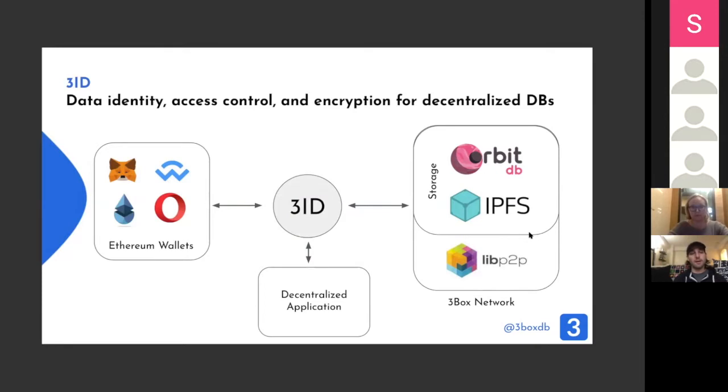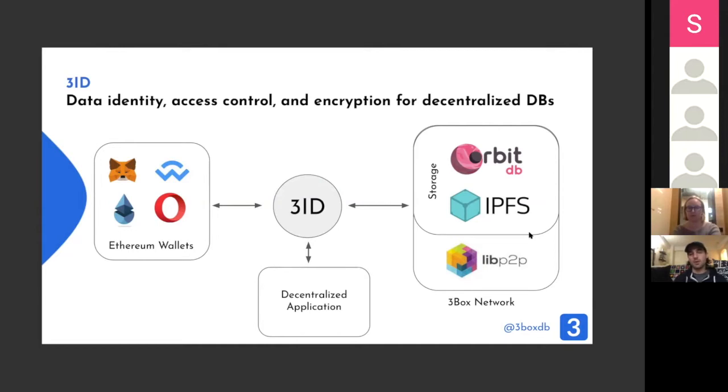So you can see how right now the 3ID can sign and encrypt data that's stored in OrbitDB instances, which is a peer-to-peer database protocol that runs on top of IPFS, and uses the libp2p pub/sub underneath it to sync data across all the nodes.